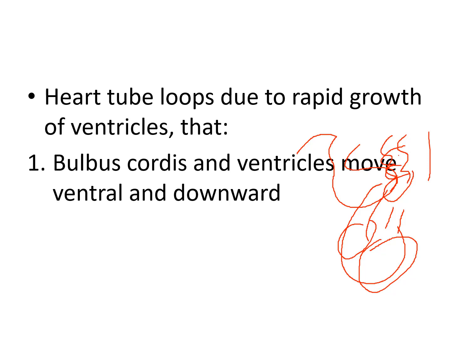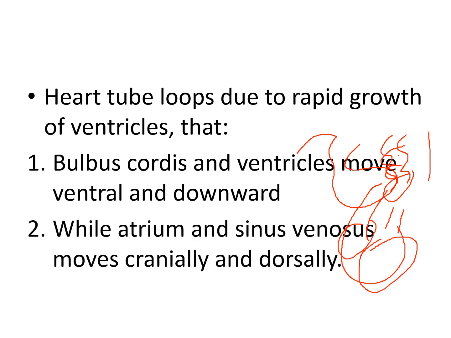The bulbous cordis and the ventricles move ventral and downward. The part which carries the ventricle and the bulbous cordis, the aorta and the pulmonary trunk, will move downward, and it becomes more anterior, while the atrium and sinus venosus move cranially and dorsally.